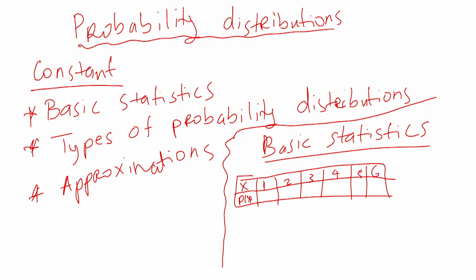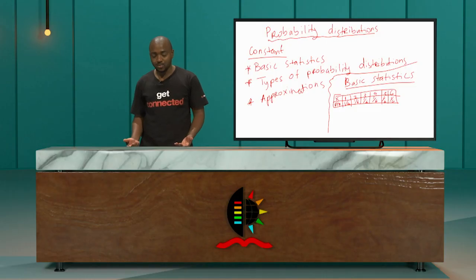The probability of getting a 1 from a die is 1 over 6. A 2, 1 over 6, and so on. The probability of getting a 4 is still 1 over 6. A 5, it's still 1 over 6.